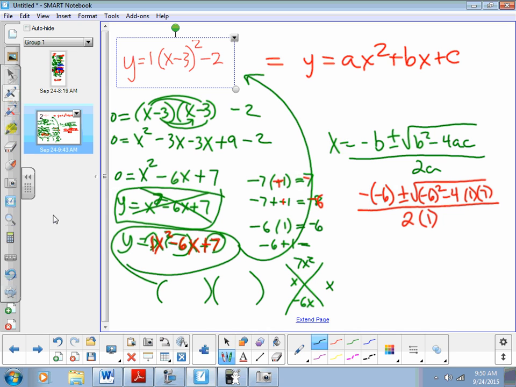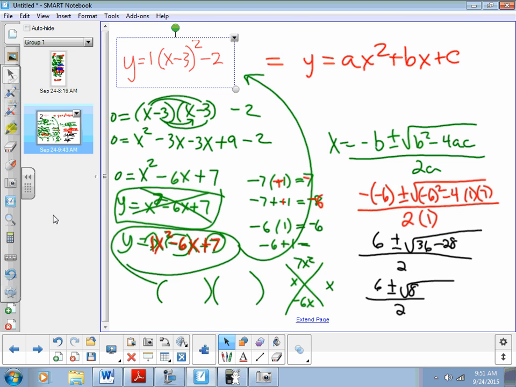So let's simplify this. That's positive 6 plus or minus the square root of 36 minus 4 times 7. What's 4 times 7? 28. All of it over 2. 6 plus or minus the square root of 36 minus 28, which is 8.